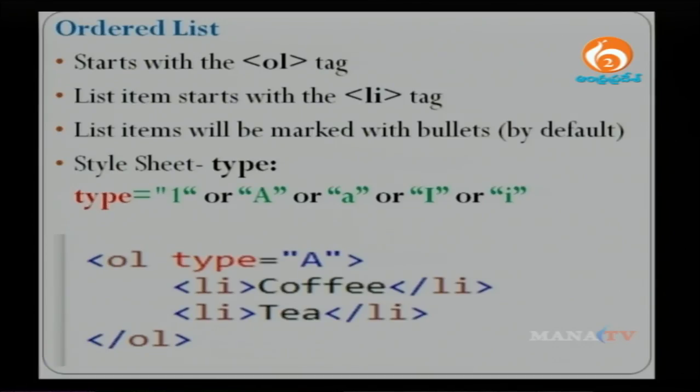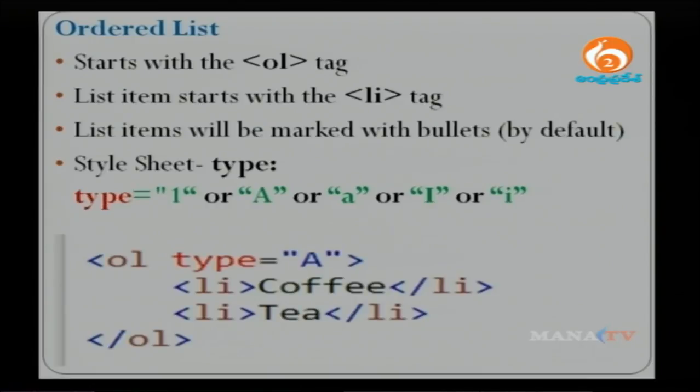So, coming to the ordered list, what are the tags I can use to make an ordered list? By using the OL tag you can start the ordered list, and by the li tag you can show the list items in our ordered list. And what are the different types I can use for the alignment of list items?